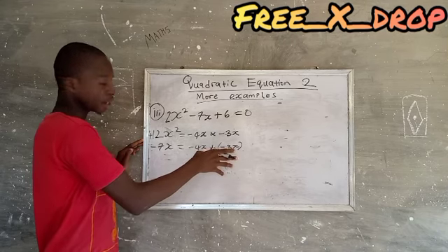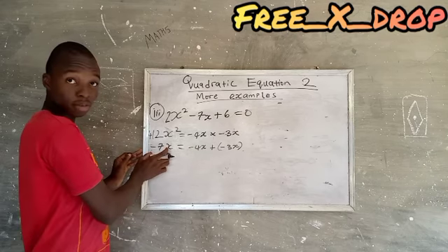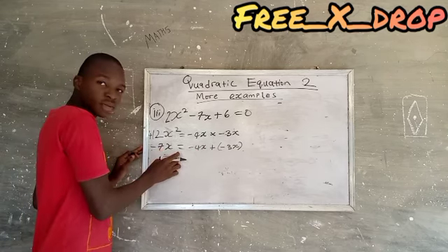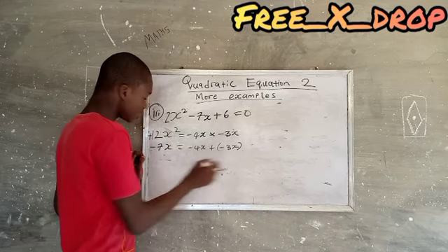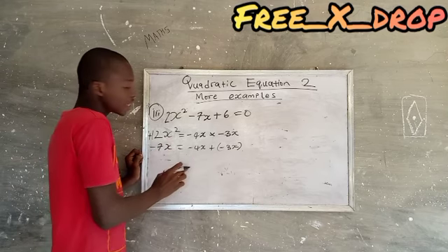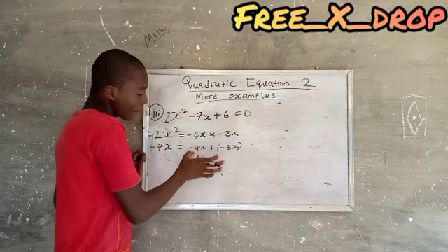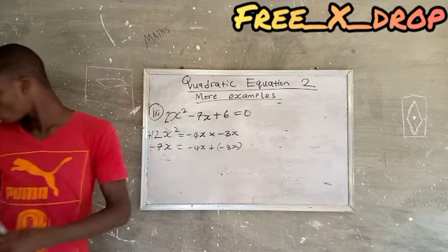Now you look at these two numbers. Minus 4x plus minus 3x. Like this. Now let's try if it will give us minus 7x. Minus 4x plus minus 3x will give us minus 7x. So you see it? Minus 4x plus minus 3x will give us your minus 7x. So this is the perfect number that we are going to use. Minus 4x and minus 3x. So that's what you do.